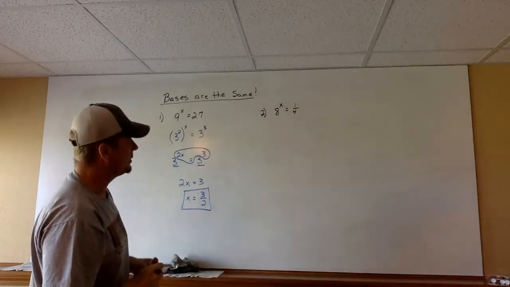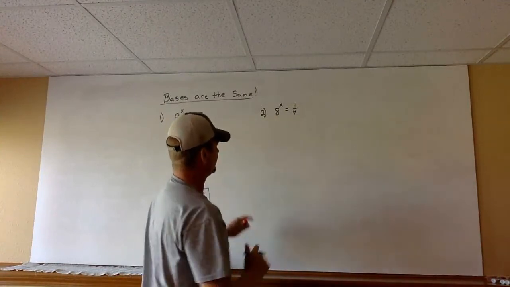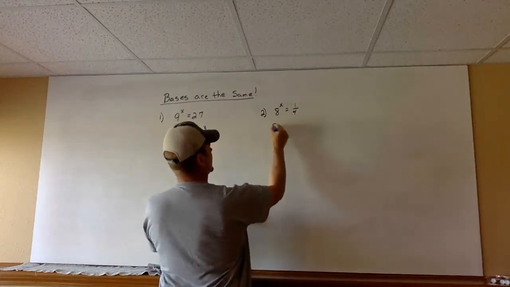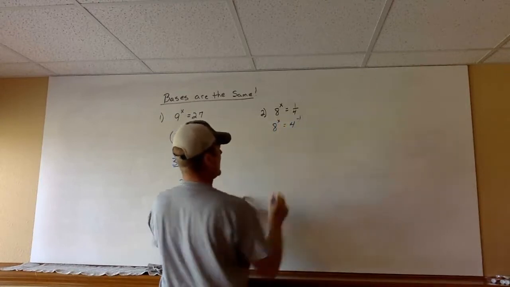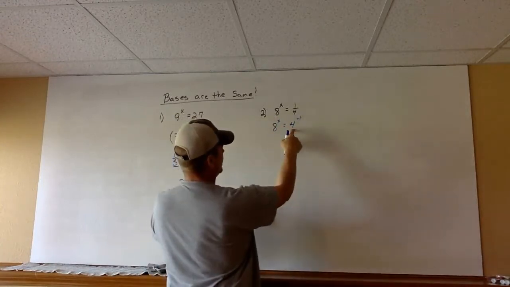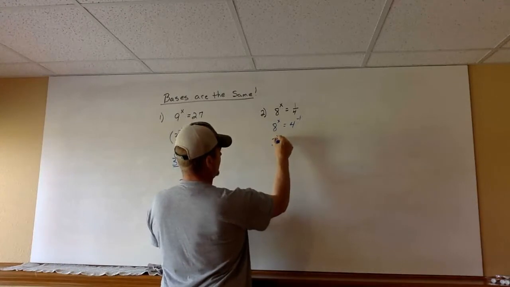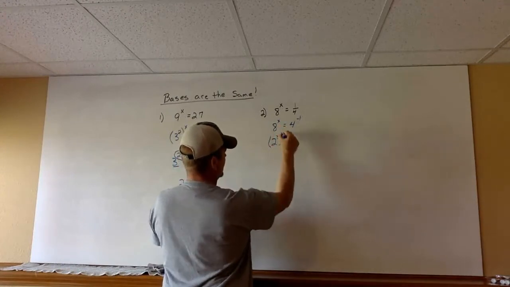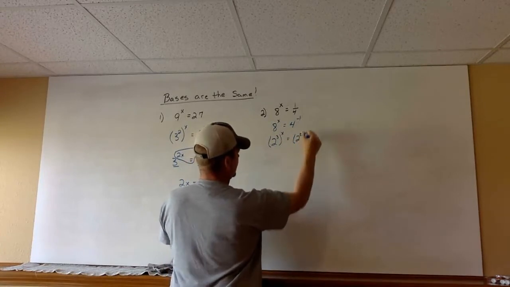Okay. Number 2, a little bit harder, but I'm correlating the 8 and the 4. So I'm first looking at it as 8 to the x equals 4 to the negative 1 power, because I don't want a fraction if I don't have a fraction over here. Well, 8 and 4 can both be written as base 2. 8 is 2 to the third power, that's going to go up to that exponent of x, and 4 can be written as 2 squared to the negative 1.